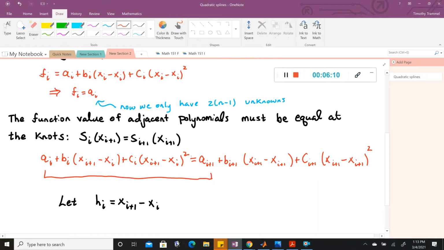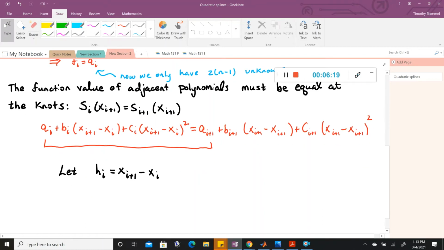We're going to make a couple changes as we go. We already noted that the a sub i's are f sub i, so I'm going to replace a sub i with f sub i. And we have plus b sub i, and we're going to let h sub i just be the difference between the consecutive x values.